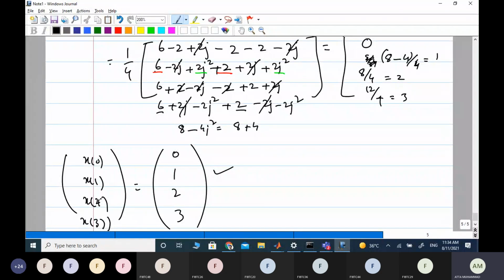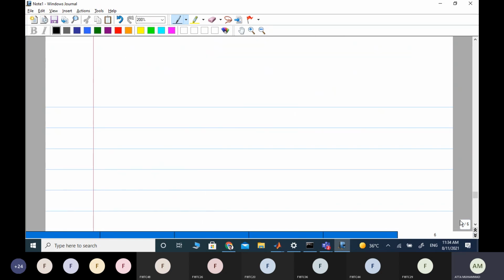So this is how we can compute DFT of a sequence, and if we wish to compute inverse DFT, the same IDFT formula is used, or this method. So let me summarize it once and for all.